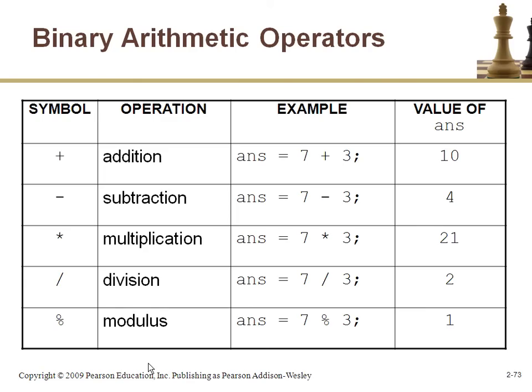Whatever is left over after the integer division, you get a 1. That is the answer for the modulus operator, because there are 2 times 3, which is 6, in 7, with the remainder of 1.